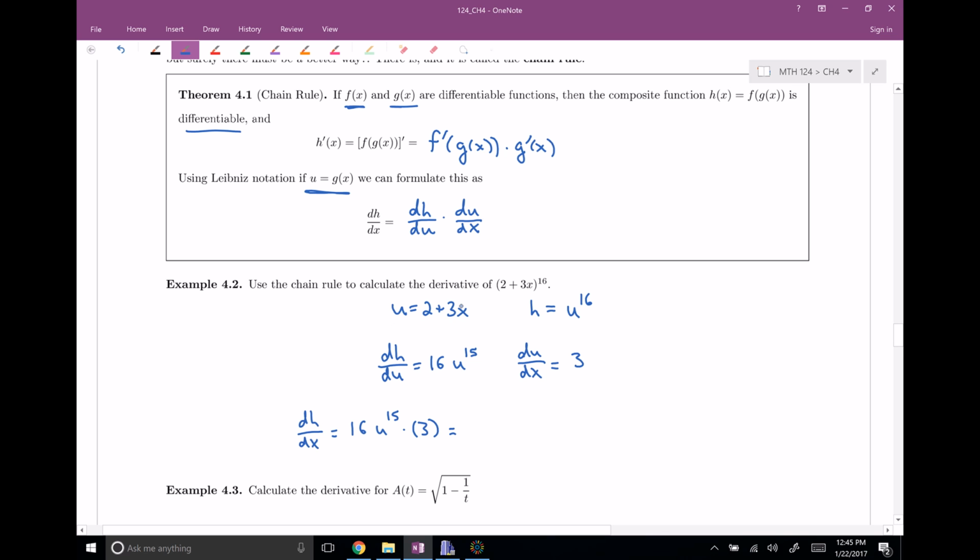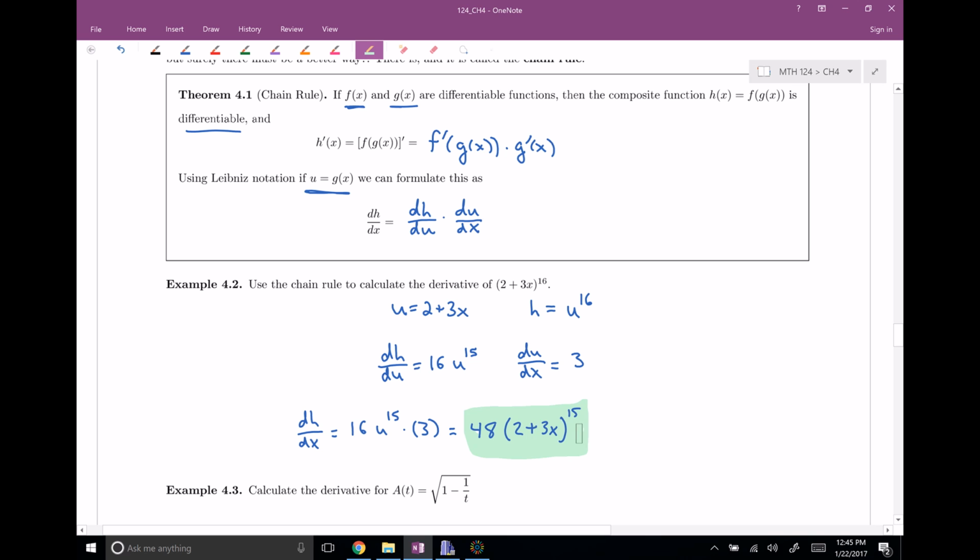Everywhere you see a u, you should trade back in, in terms of x's. So everywhere I see a u, I'm going to put in this 2 plus 3x. Let me do that, and let me also simplify, right? So 3 times 16 is going to be 48. Everywhere I see a u, I'm going to go ahead and write 2 plus 3x. And that right there is my final answer. That is how I would take the derivative.